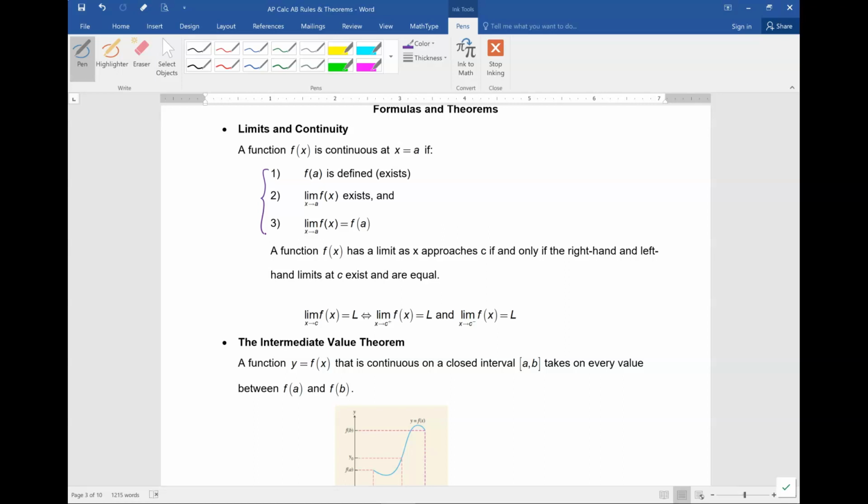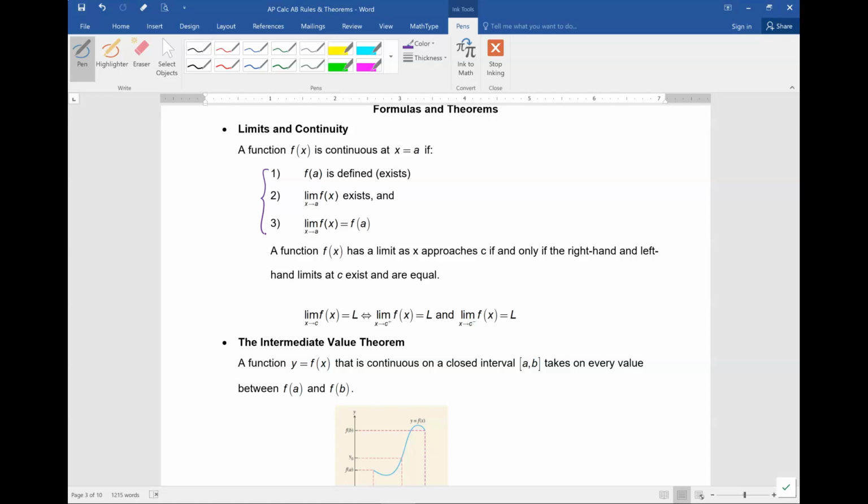That's one way of memorizing a list: first you number your list, and then you remember how many things are on it. So I needed 3 things: one, f of a has to be defined; two, the limit has to exist; and three, f of a should equal the value of the limit. Okay, those are the 3 conditions.